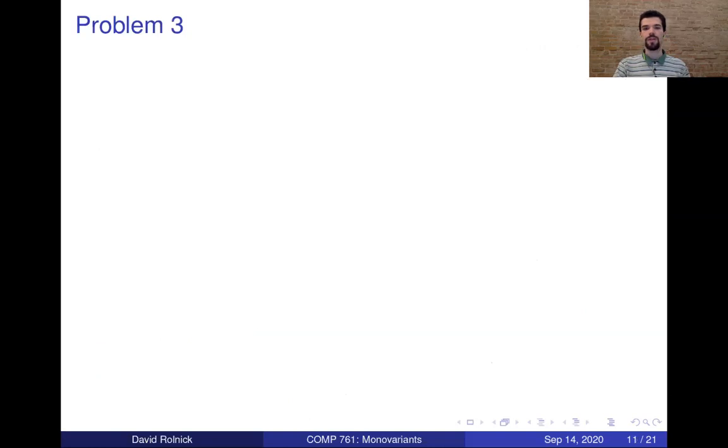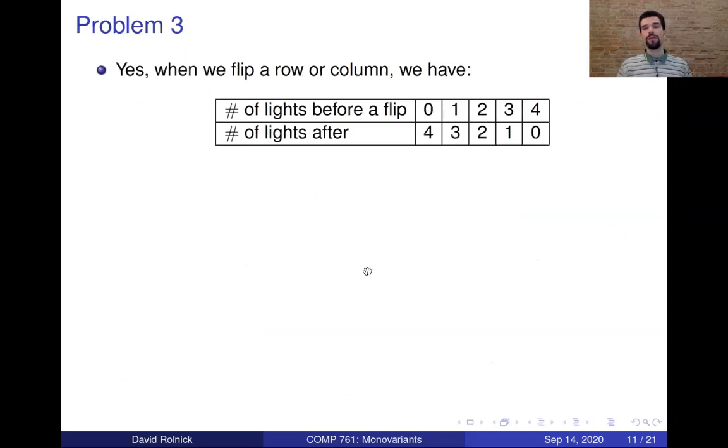So it's not going to have to do with the location of the one, hopefully. If we flip a row or a column, let's look at the change in the number of lights in that row or column. If we had 0 lights on before, then we're going to have 4 afterwards because all of them go on.